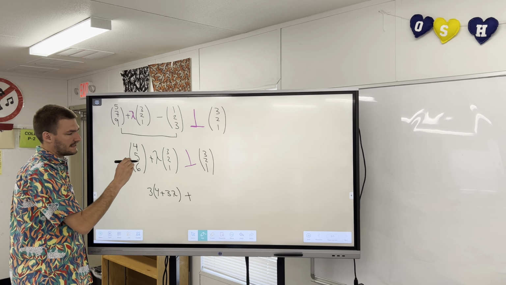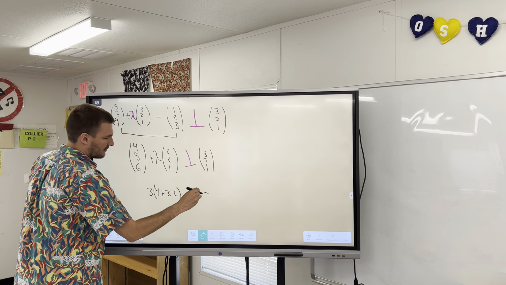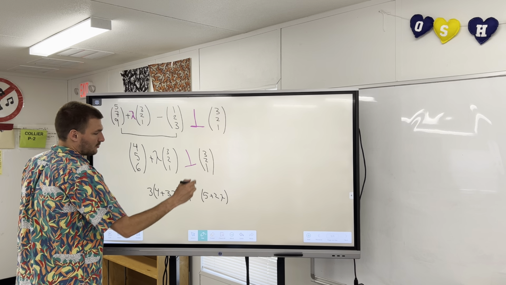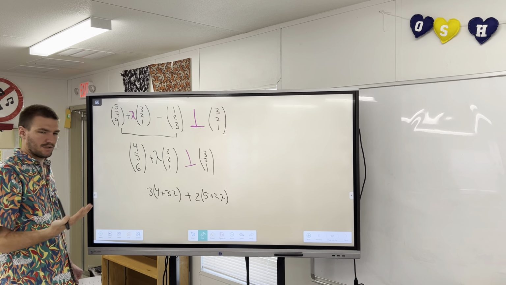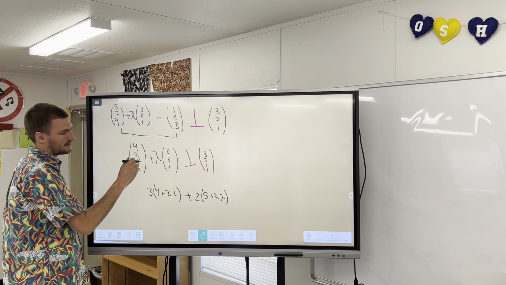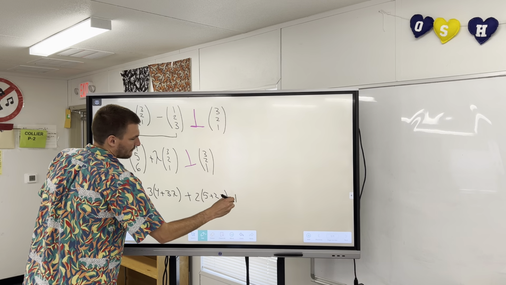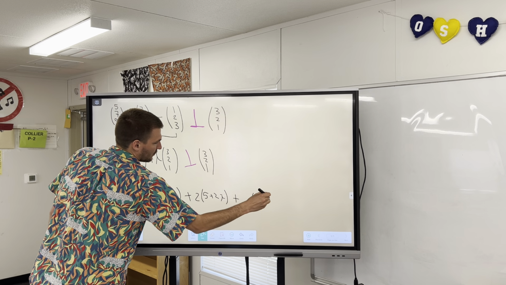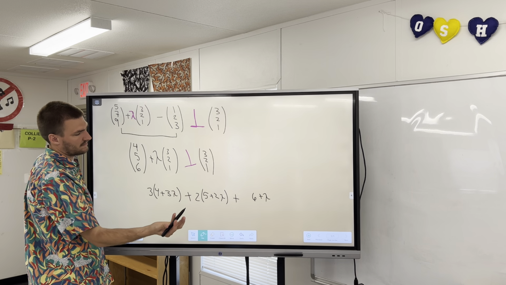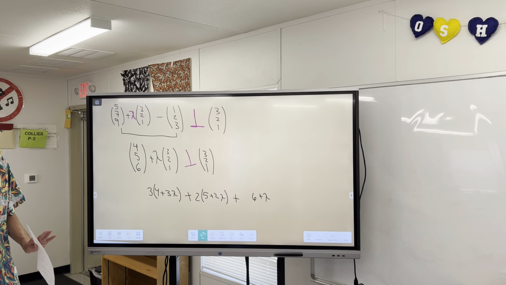I'll do the y's, 5 plus 2 lambda, and I'll put the 2 in front because it looks better. The last one is 6 plus 1 lambda, and distributing a 1 is a waste of time, so I'm not going to do anything there.